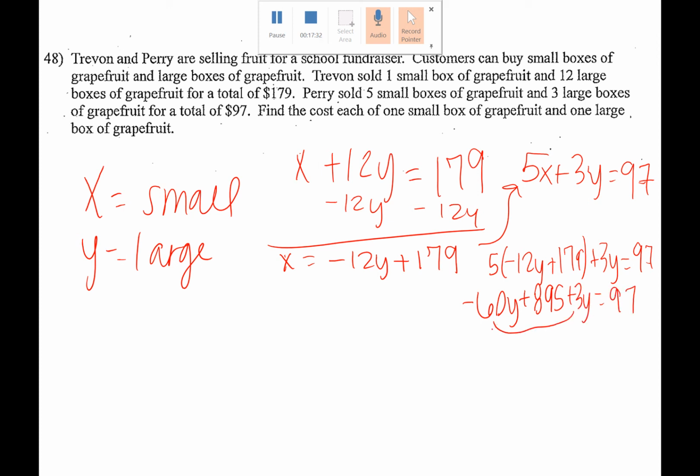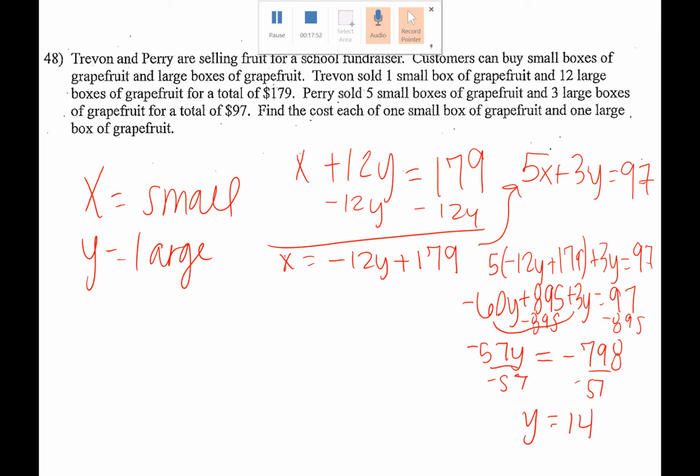I'm going to go ahead and put together my like terms, so negative 57y, and I'm going to subtract 895 over to that 97, and I would get negative 57y is equal to negative 798, and I'm going to divide both sides by negative 57, so I get y is equal to 14.